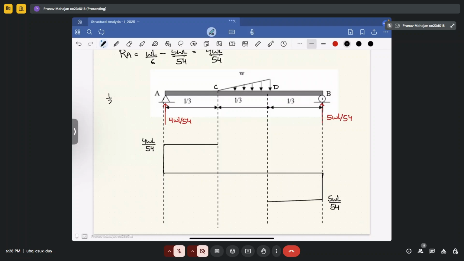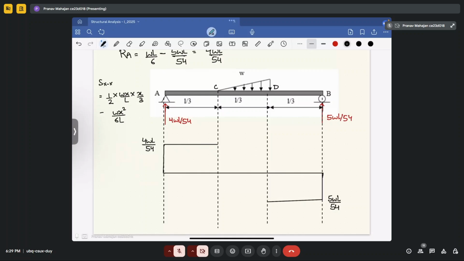If we try to determine at any section HH, your shear force will be equal to 1 by 2 into WH by L into H by 3, if I am taking from point C. So that will be equal to WH square upon 6L. Fine? Comfortable?